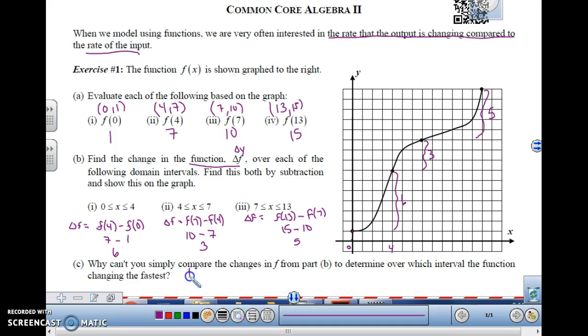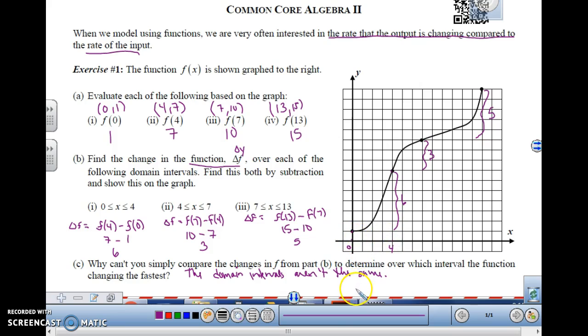So the domain intervals here aren't the same. So if I want to say this change is 6, it's not. This is 6 actually over a change of 4.